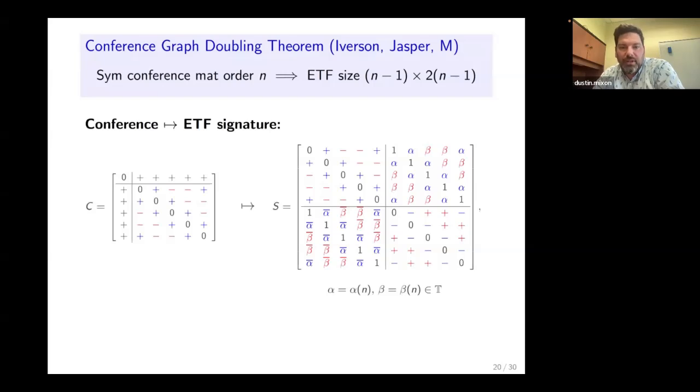So the signature matrix you end up with looks just like the core you had before, and then wherever you had pluses and minuses, you now put alphas and betas, which are appropriate to the dimension. There exists a correct choice of alphas and betas that make S a signature matrix. And it's just a matter of verifying the polynomial relations.